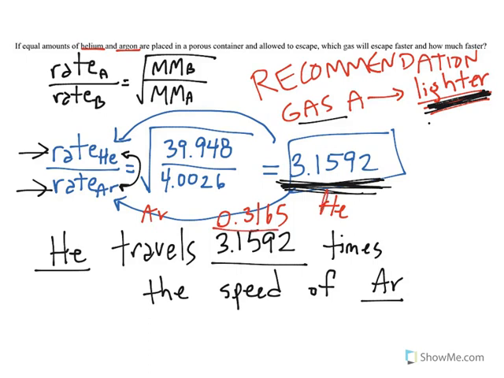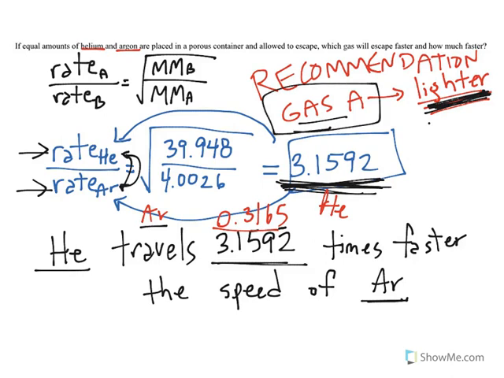Well, actually, it doesn't sound bad, it sounds okay, but the reason I want you to make gas A the lighter gas is so I can add the word faster here. So helium travels 3.1592 times faster than argon. But if you put the heavier gas on top, it wouldn't make sense to say argon travels 0.3165 times faster than helium. It just sounds weird. So just stick with the recommendation.